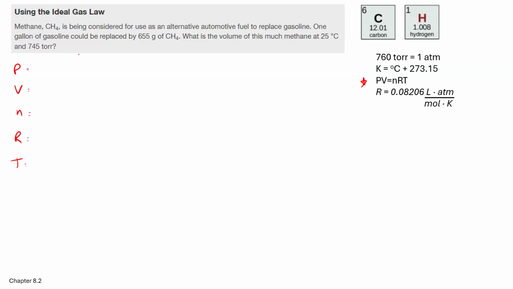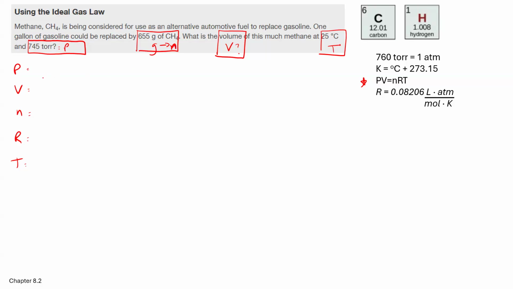So let's actually explore how to figure out if you need to use that. We have pressure. We have T. We need V. But what else do we have here? Right? We have grams. What good does that do us? Well, remember, if we have grams, we could always convert to moles.